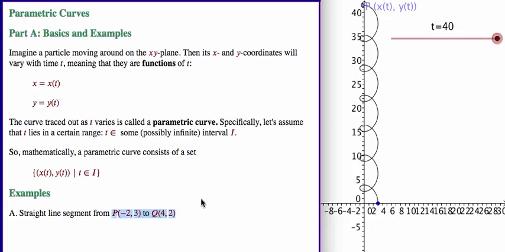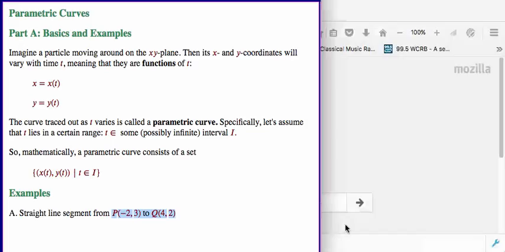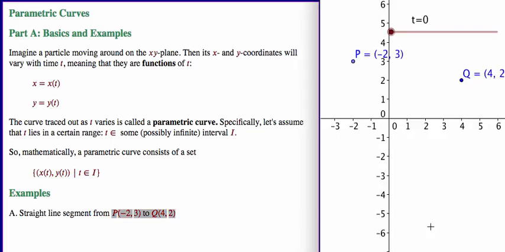So what I'm going to do is try to come up with a formula for that. In this case, I have my two points sitting over here. Here's P plotted at (-2, 3), and here is the point Q at (4, 2).